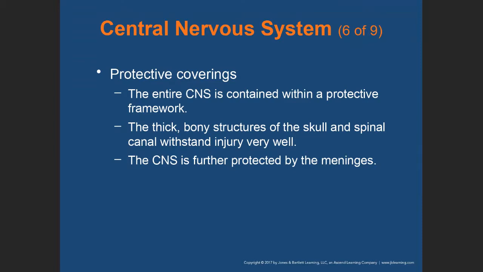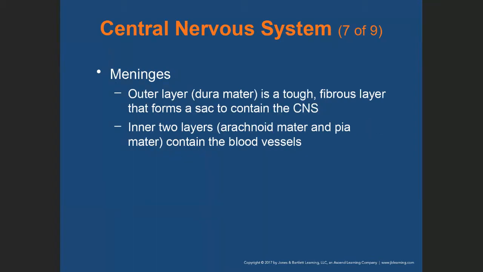The CNS is further protected by the meninges, which have 3 layers: DAP, dura, arachnoid, and pia. The outer layer, or tough layer, is the dura mater. It is a tough fibrous layer that forms a sac to contain the CNS. The inner 2 layers are the arachnoid, which is the middle layer, and the pia mater, which contains blood vessels.